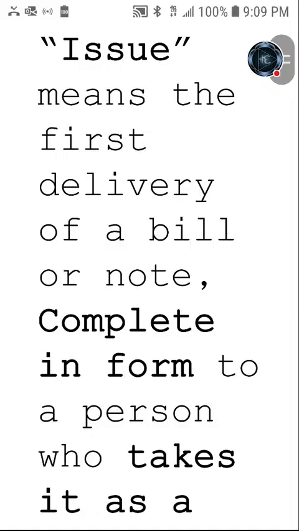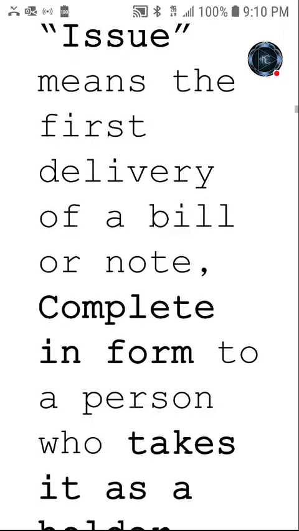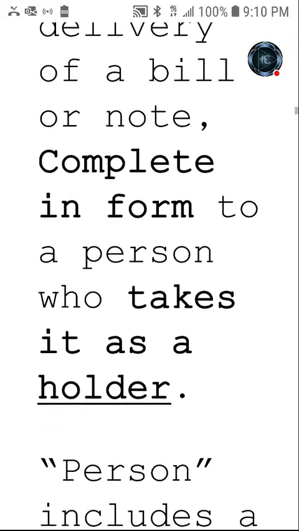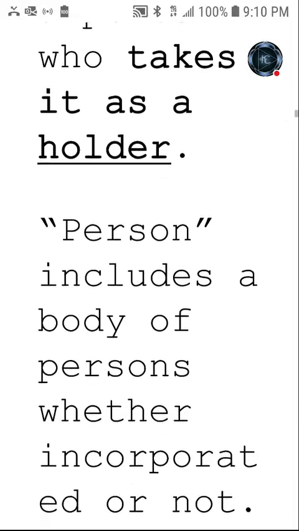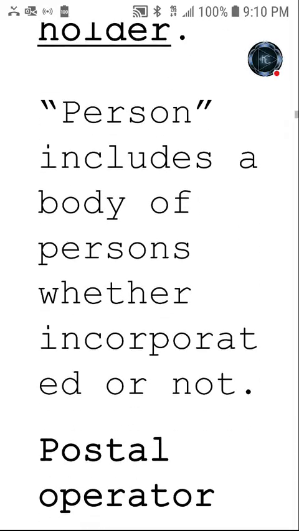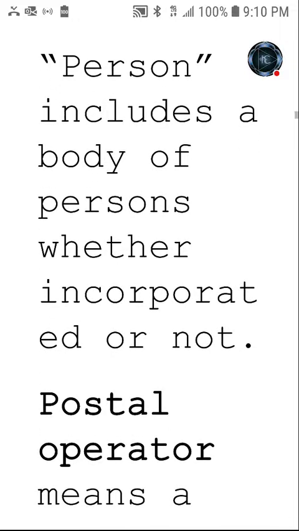Issue means the first delivery of a bill or note, complete in form, to a person who takes it as a holder. So you the holder, baby. You holding the note. You got your mortgage loan and you holding it.